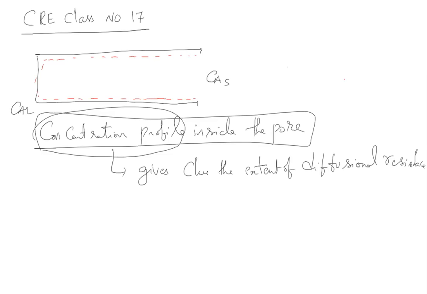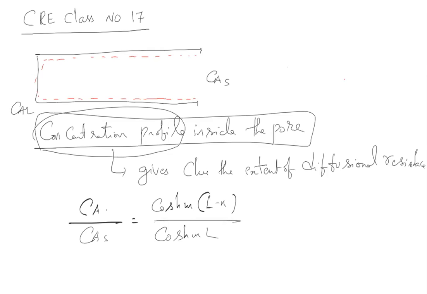Then what equation did we get? CA divided by CAS is equal to cosh(L minus x) by cosh(mL).